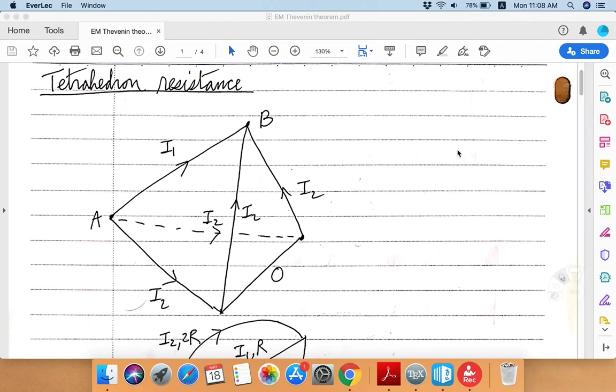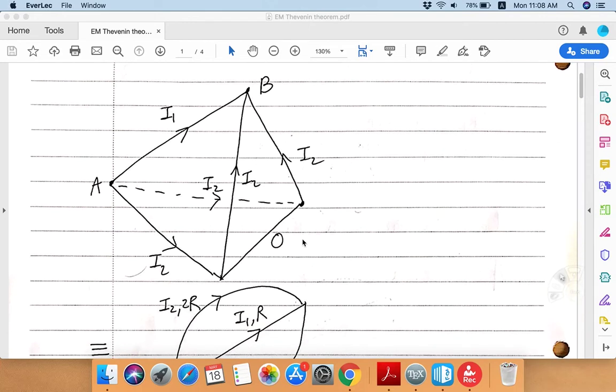Okay, so here's the deal. We have this tetrahedron network of resistances. So every line you see is a resistance. So there will be altogether six edges or six resistances. Each has the same resistance value.